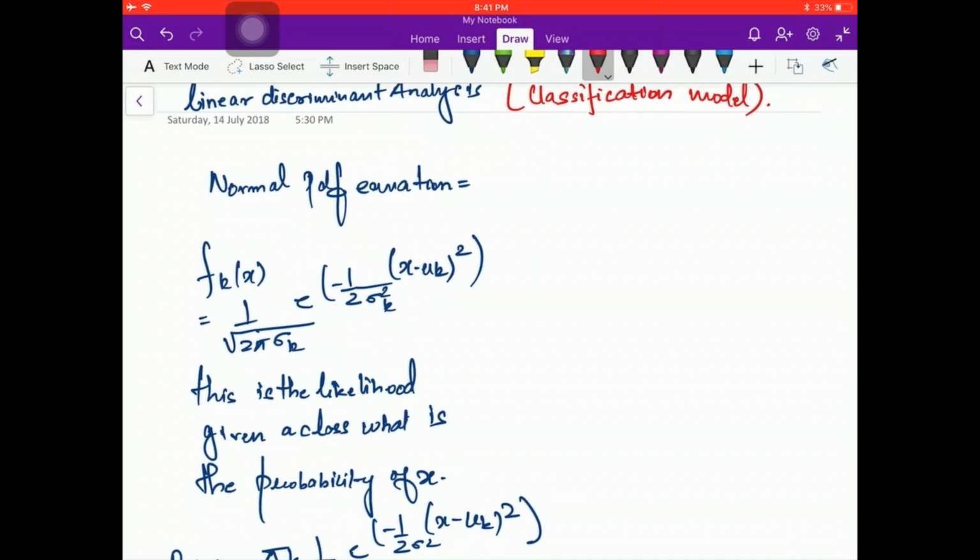Now let's see. We talked about the Bayes theorem, right?